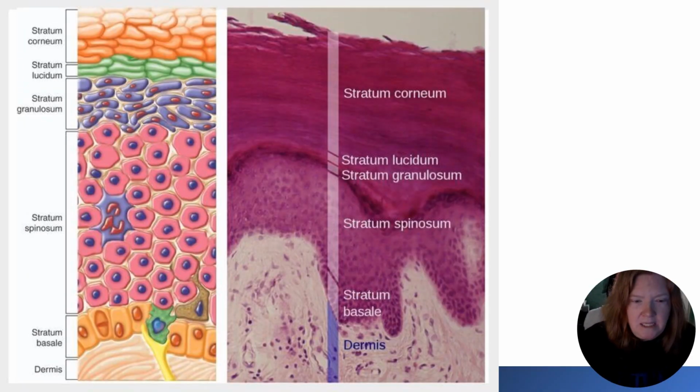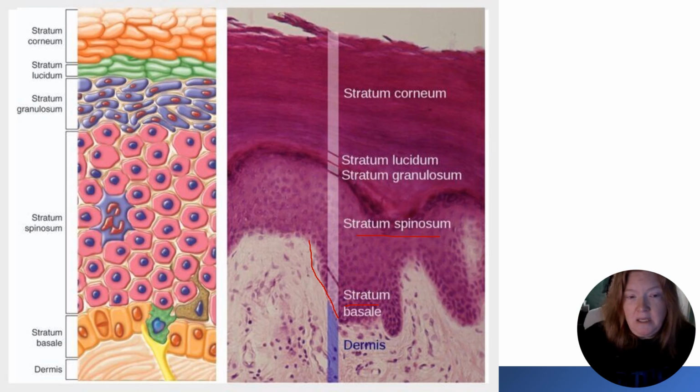All right, so looking at these layers again, here we have the stratum basale, single layer, right? Lots of division. We have stem cells, keratinocytes, melanocytes, and the stratum basale sitting on the basement membrane. And then we have the stratum spinosum with those spiny projections that kind of hold the cells as a group.